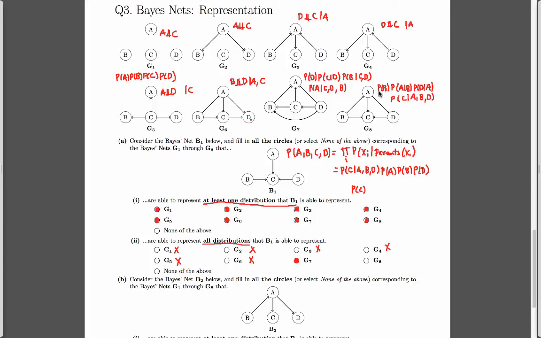The probability of B is also the same, and then the probability of A and the probability of D are actually more complex and make fewer independence assumptions than B1 makes. However, there are no cases in which it makes additional independence assumptions that B1 makes. So therefore, this is also a correct answer.